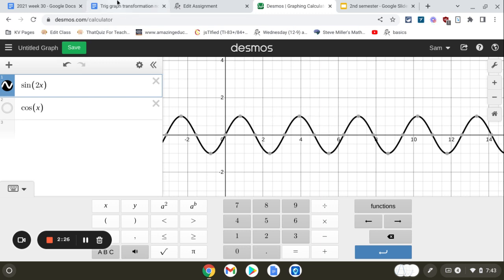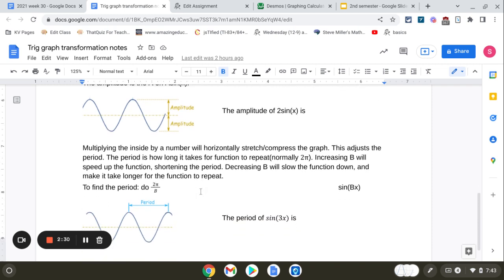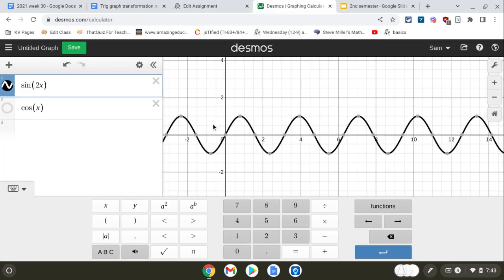Okay. The way that you find the period of a trig function is you take 2 pi and then divide that by whatever the number is on the inside. That's what we did here: we took 2 pi and divided it by 2, and that's why the period is now pi.